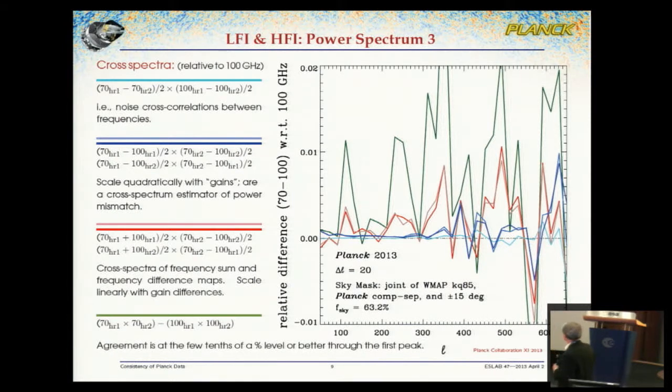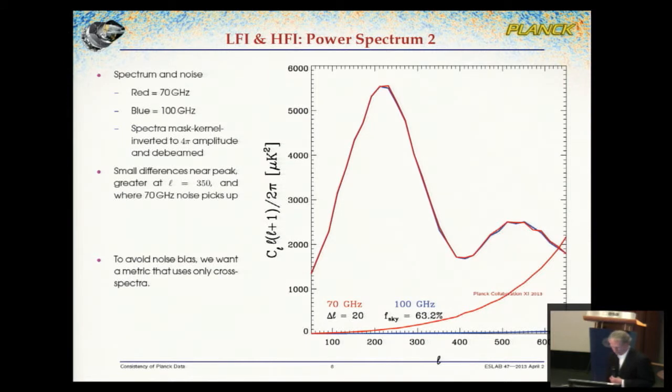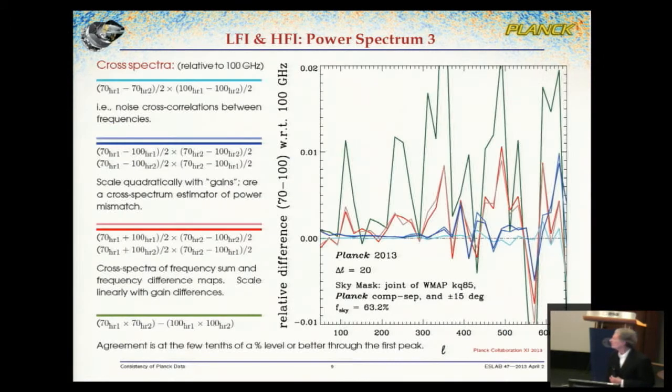The second curve, let's take a look at this one, the green one. This is 70 half ring 1 crossed with 70 half ring 2, minus 100 half ring 1 crossed with 100 half ring 2. This is the cross spectrum equivalent of the difference on the previous slide, taking the ratio of those two curves.